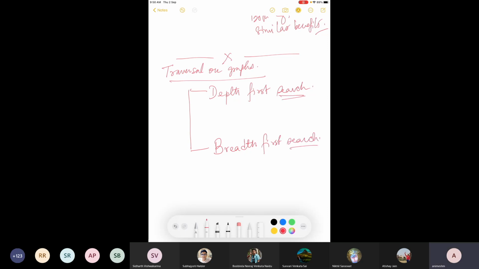As the name suggests, you are in search of the vertices somehow. One goes depth by depth, the other goes breadth by breadth.